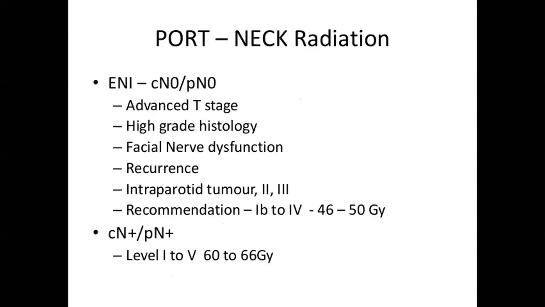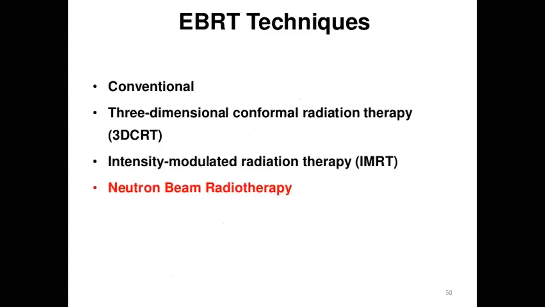So these are the different ports of neck radiation you can use, in advanced stage, high-grade histology, facial nerve dysfunction, recurrence, and deep lobe tumors. Radiotherapy techniques are conventional, three-dimensional conformal radiation therapy, intensity modulated radiotherapy, and neutron beam radiotherapy.